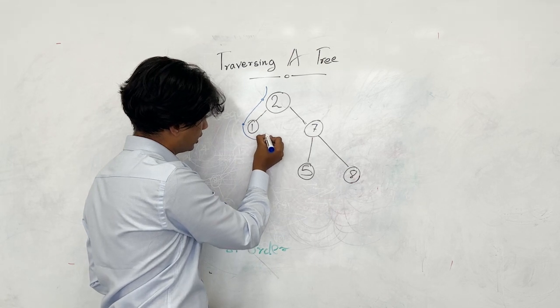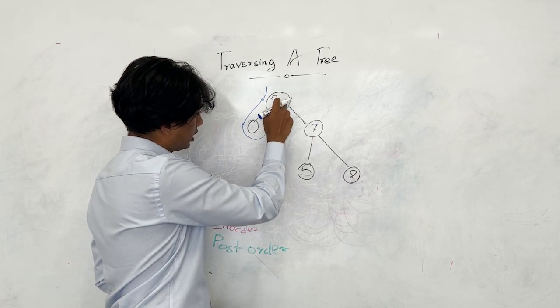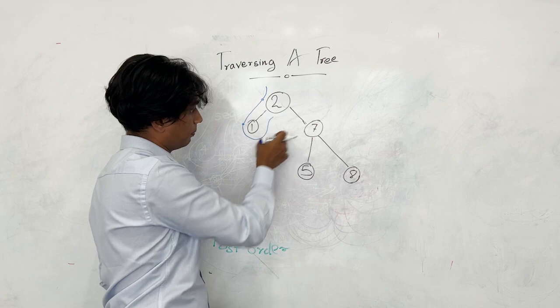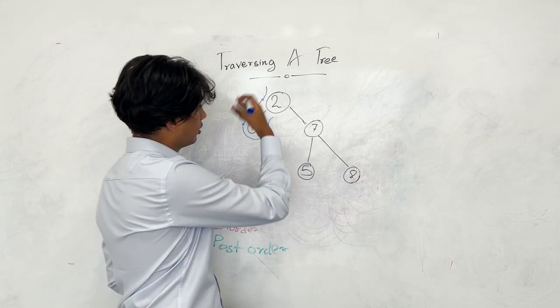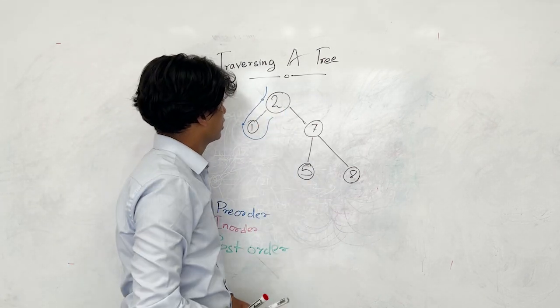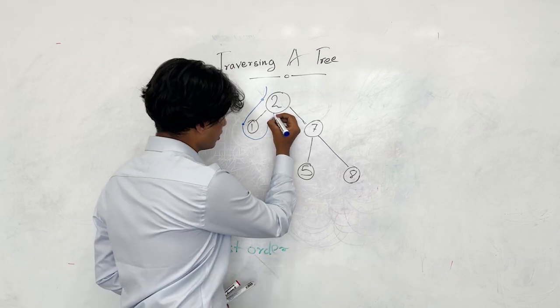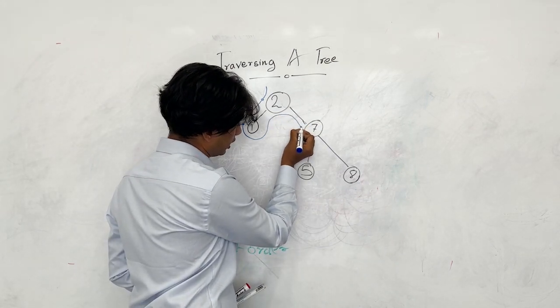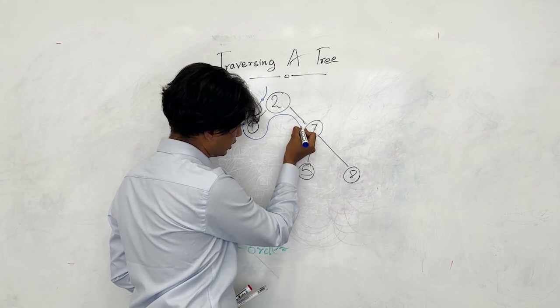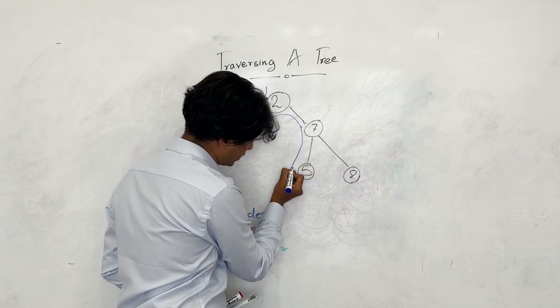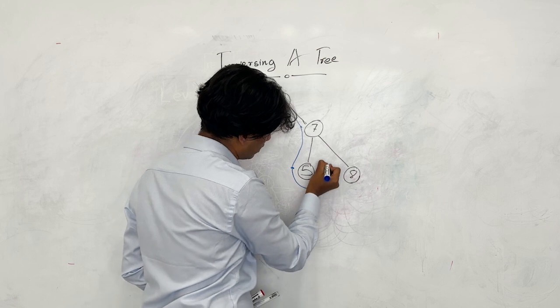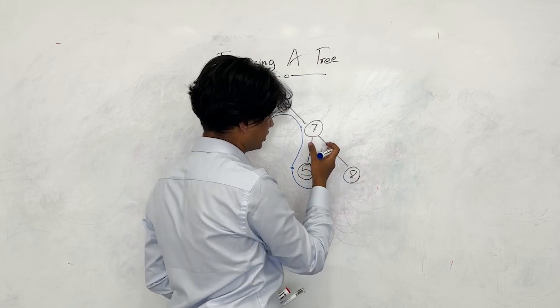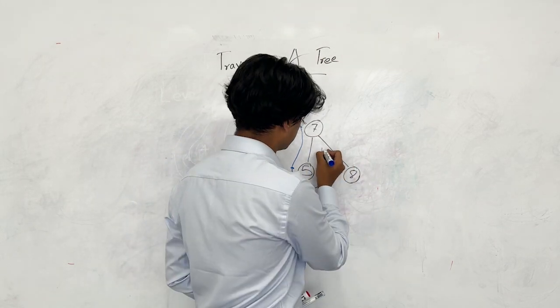Likewise, I am going again. Now I also meet number 2, but I am not going to visit it since we have already visited it once. Again I go, and then I visit number 7, and then number 5. I don't have to visit number 7 again since I have already done it.